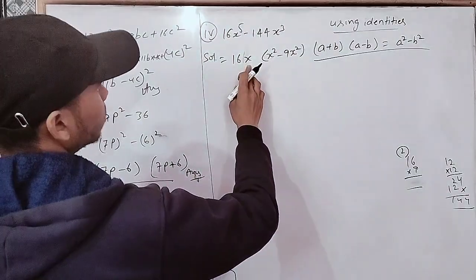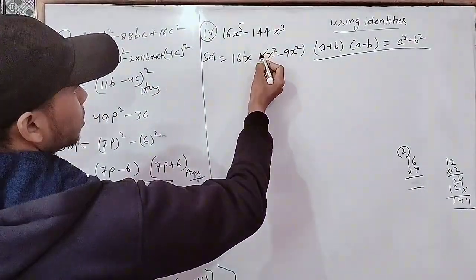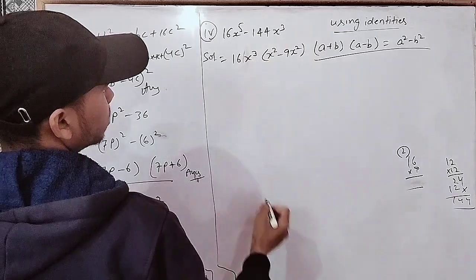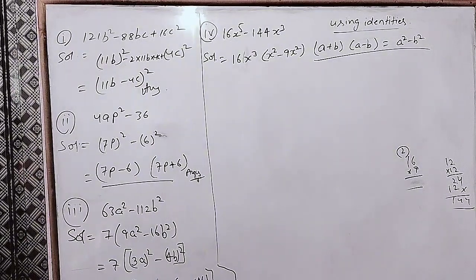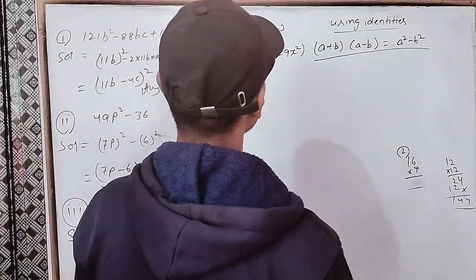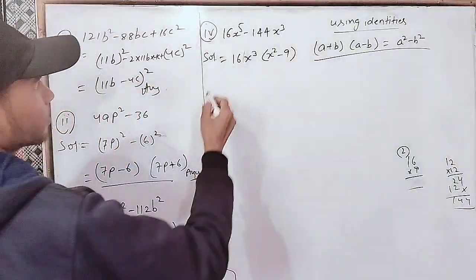And then here we should have had 16. Is it correct? No, this is correct.